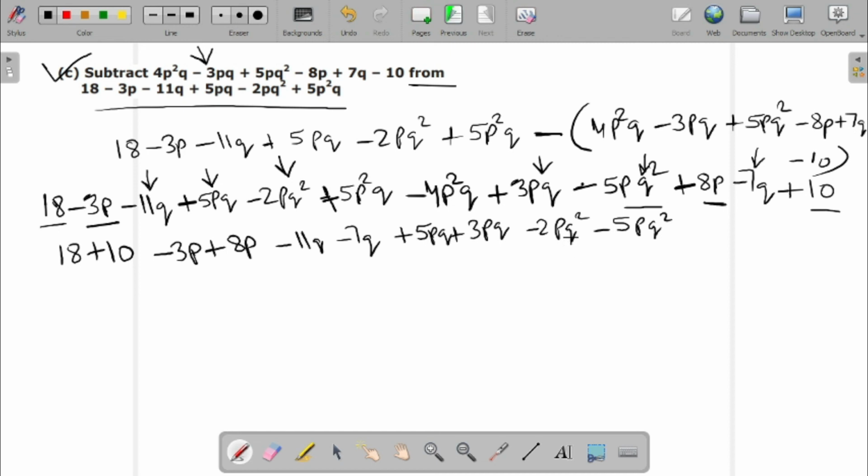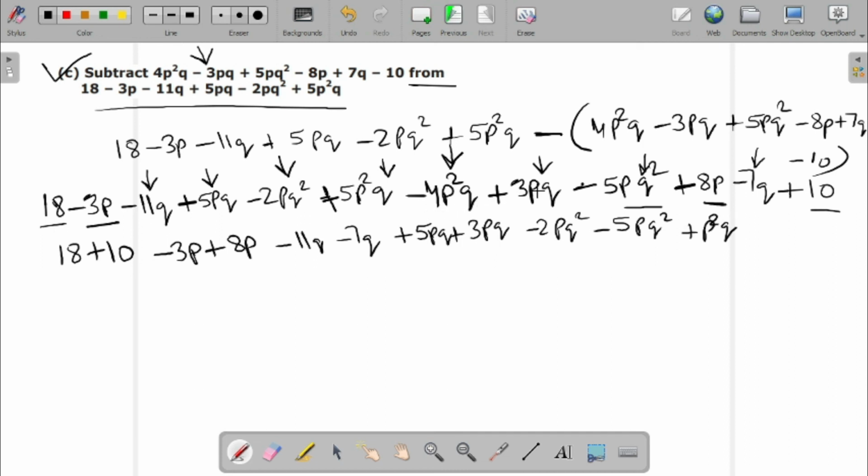Then after that 4p square q, anything which is 4p square q, this is also 4p square q. So we can write 5 minus 4, simply p square q.